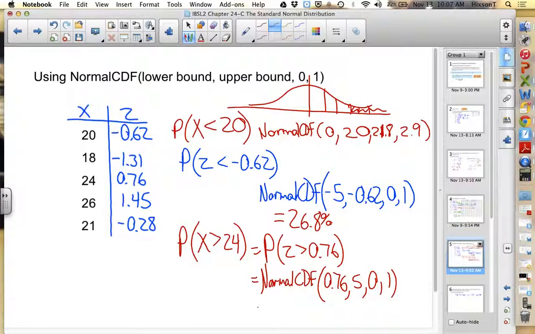So what do we get when we do that? 22.362. So 22.4%. Okay. Now, if you had done it like this, from negative 5 up to 0.76, you just have to subtract from 100%. Use that complement idea.